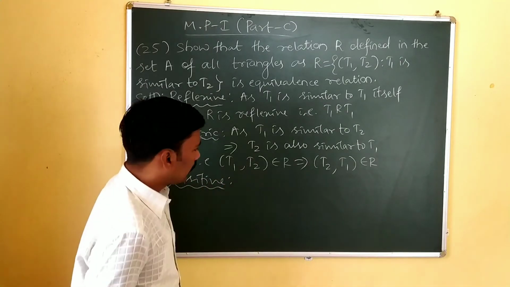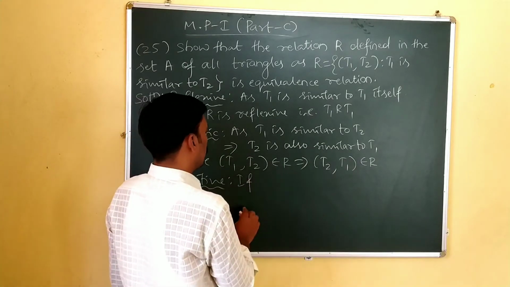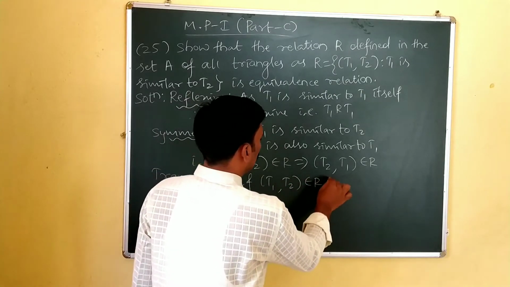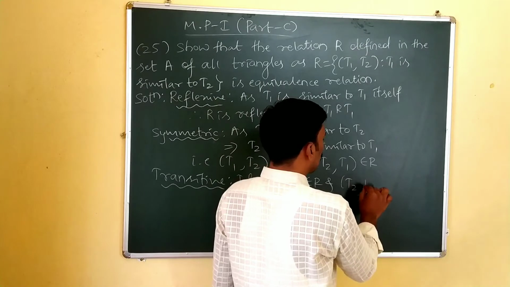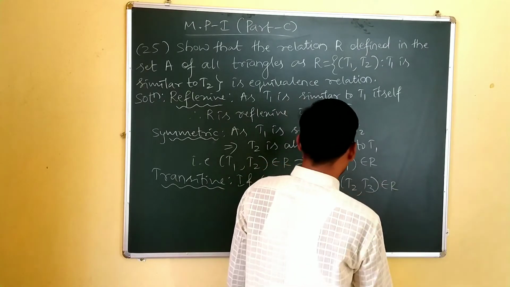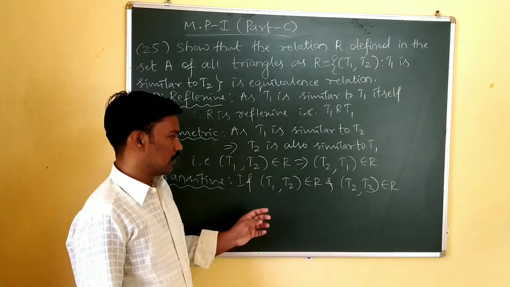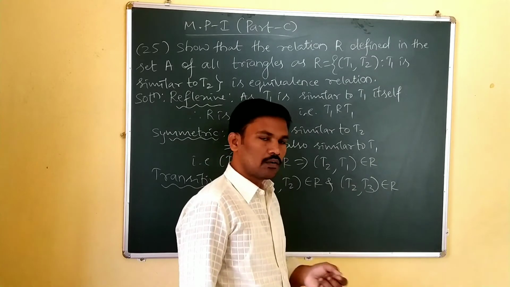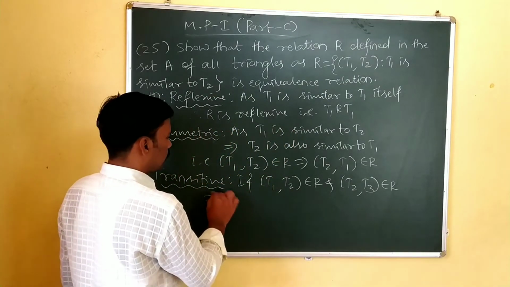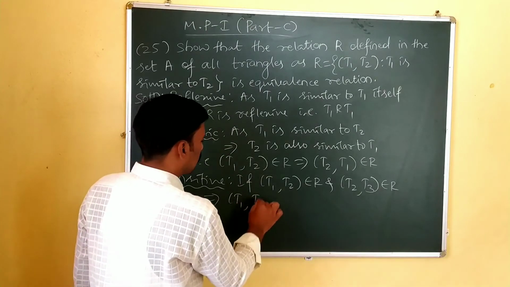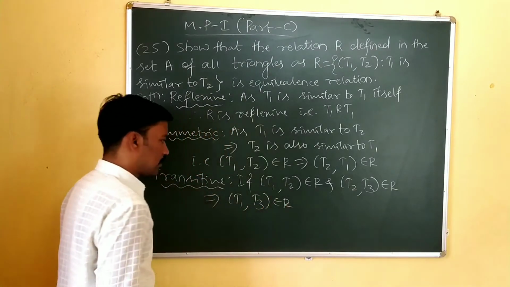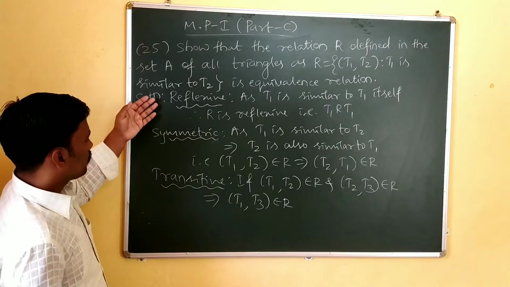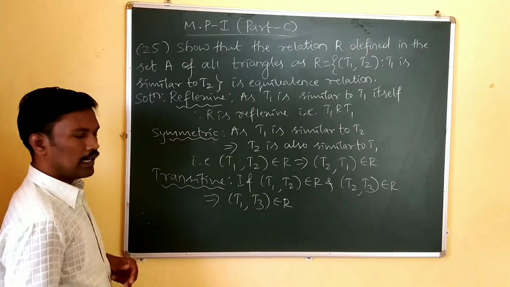Here we need to take three triangles. If (T1, T2) belongs to R and (T2, T3) belongs to R, that means T1 is similar to T2 and T2 is similar to T3, so definitely (T1, T3) also belongs to R. Therefore the given relation satisfies the conditions of reflexive, symmetric, and transitive.